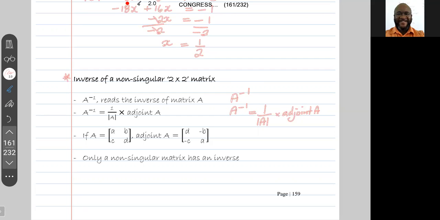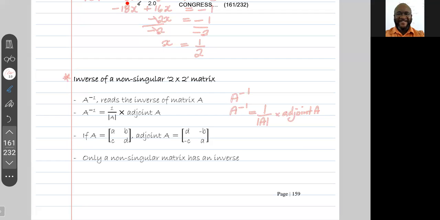The lagging diagonal elements stay where they are, but their signs change. The B and the C stay where they are, but their signs change.